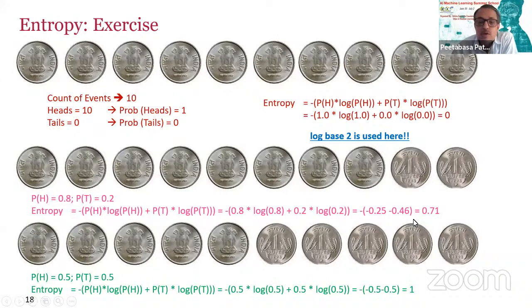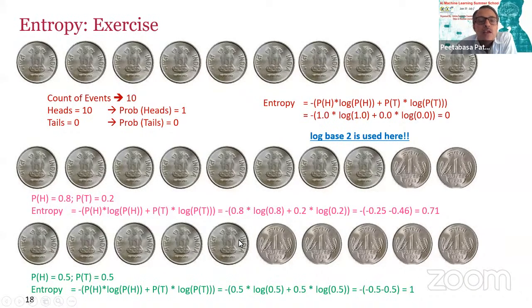Now let's look at the worst scenario. The worst scenario is an equal number of heads and tails, which is likely to happen. Now my probability becomes 0.5 and 0.5, and that's where the sum of probability times log probability over each of the outcomes gives the highest entropy, and it becomes 1.